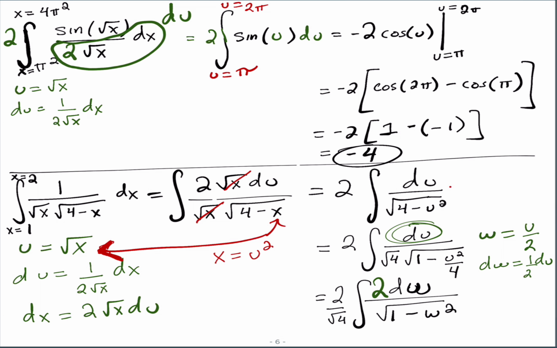Yes or no? W equals u over 2, not u squared over 2. Because we want to end up with 1 minus W squared under the radical, because we're going to then change it into arc sine.